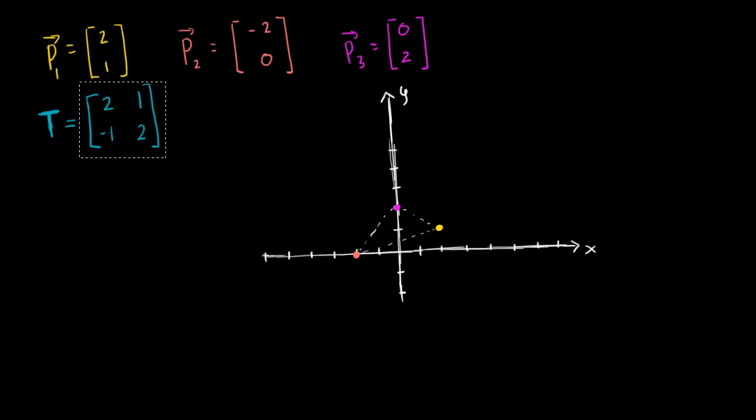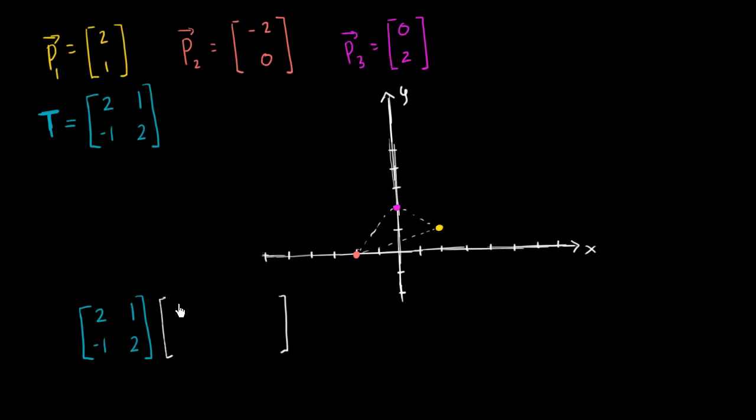I'm going to take my transformation matrix, and I am going to multiply that by a matrix that has all 3 of these position vectors in it, where each of the columns of this matrix is going to be one of these position vectors.